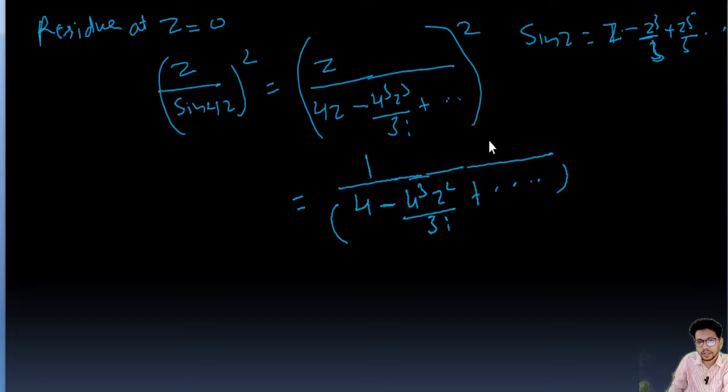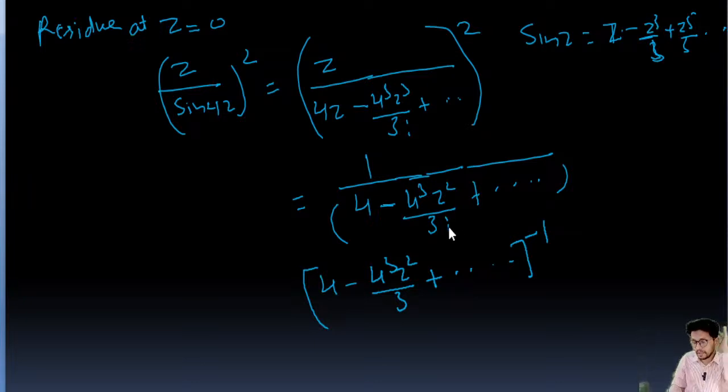So here we can write 4 minus 4 cube z square upon 3 plus so on, to the power minus 2, my apology, it's the whole square.